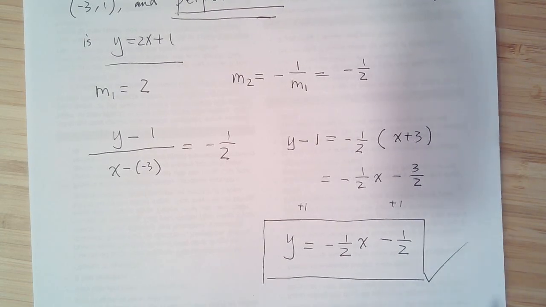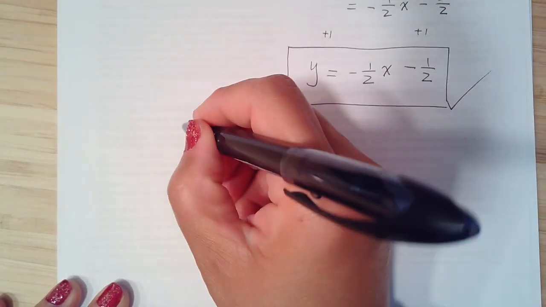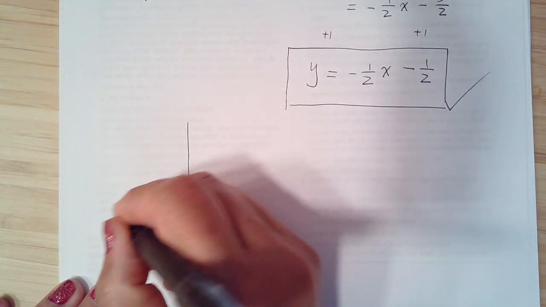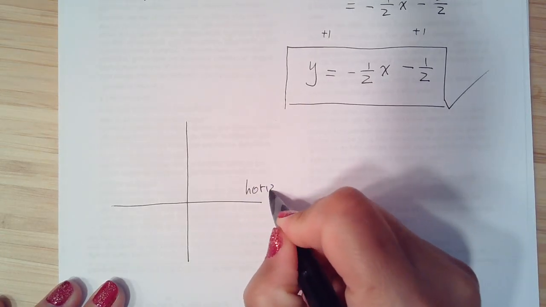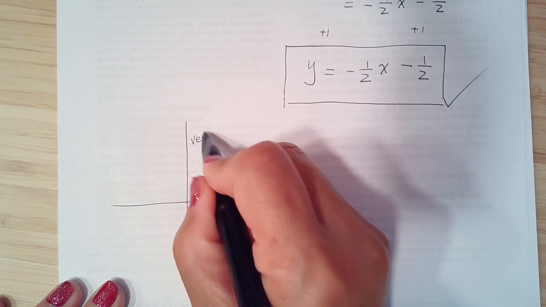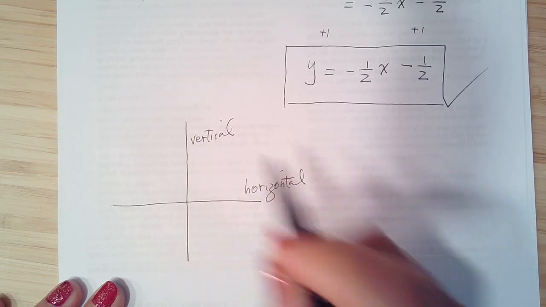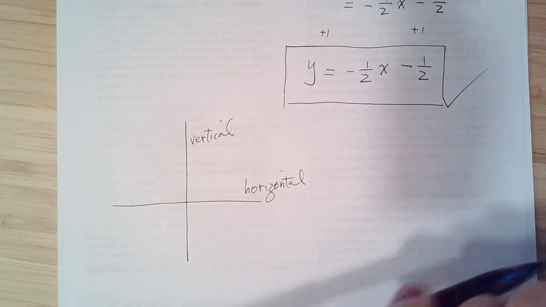Now I want to tell you one special case: this is a vertical line, this is a horizontal line, right? Horizontal, and this is a vertical. What happened to their relationship? They are perpendicular to each other.